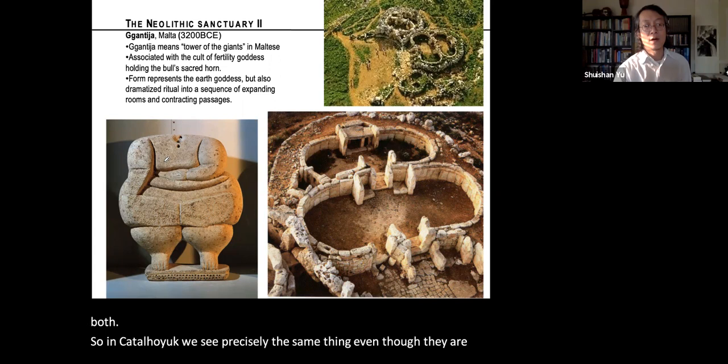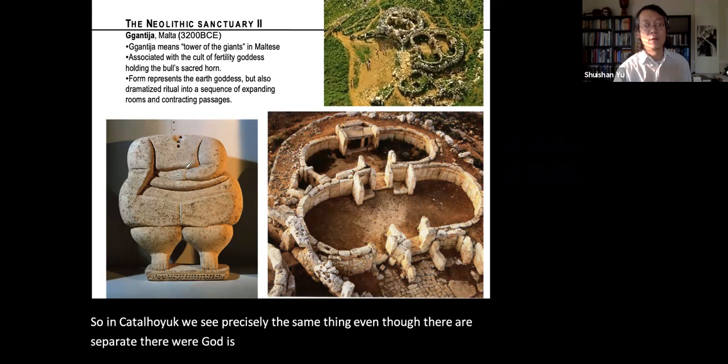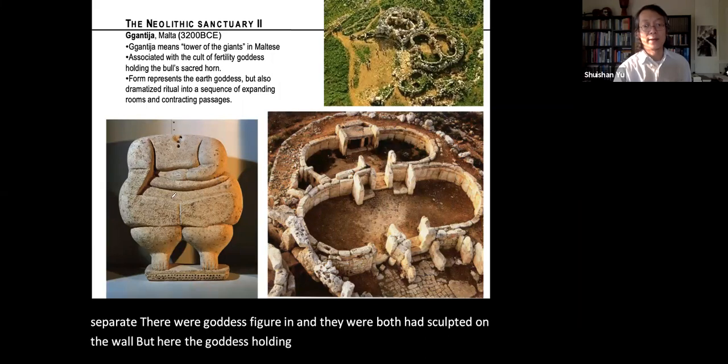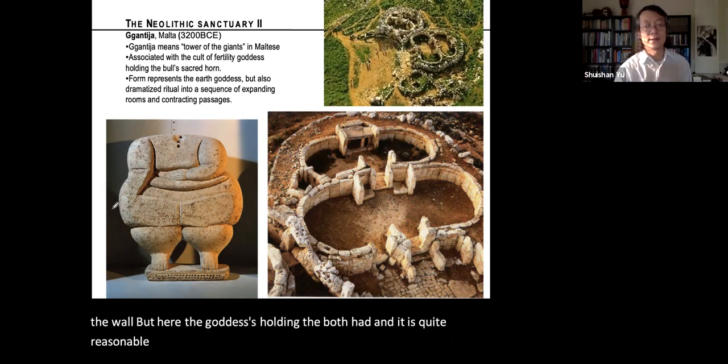There were goddess figurines and there were bull heads sculpted on the wall, but here the goddess is holding the bull's head. And it is quite reasonable to interpret this as a symbol of fertility worship.